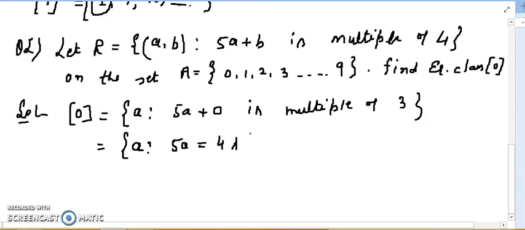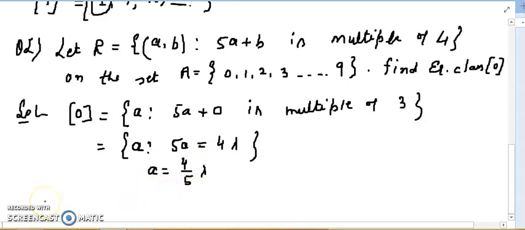Here it is a multiple of 4, so you are taking 4 lambda. And what is your a? a equal to 4 upon 5 lambda. All right, so you have to take such values of lambda which give you a multiple of 4.